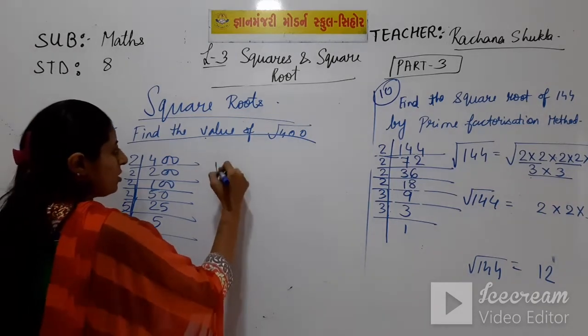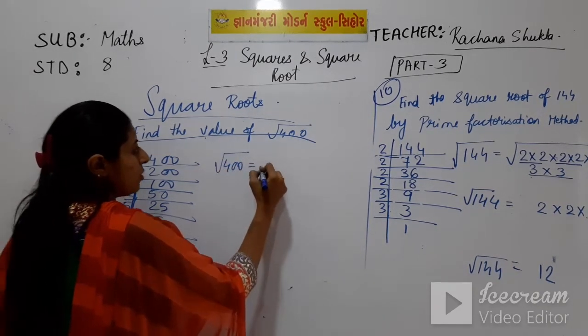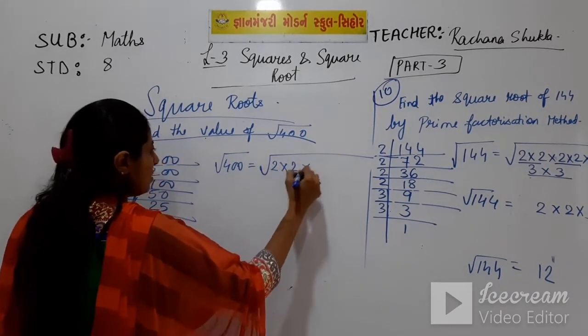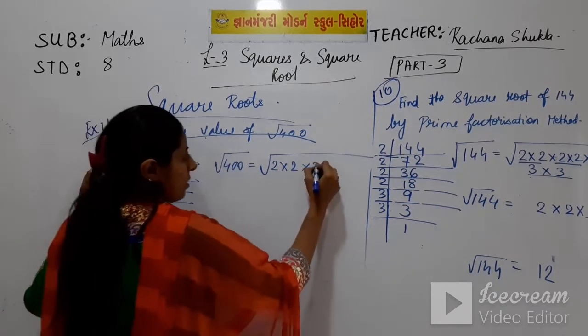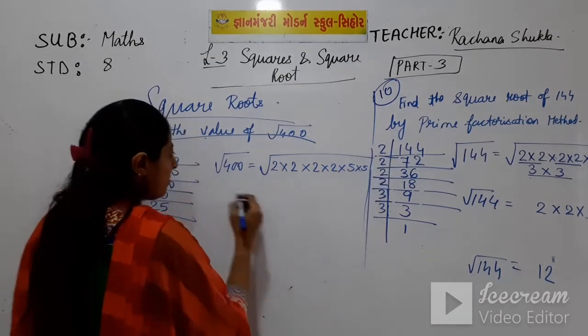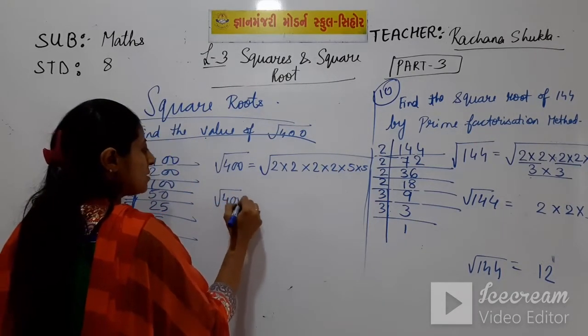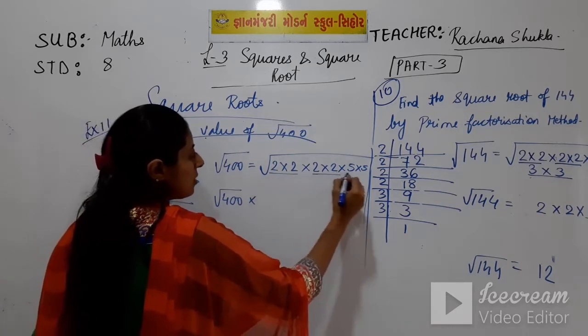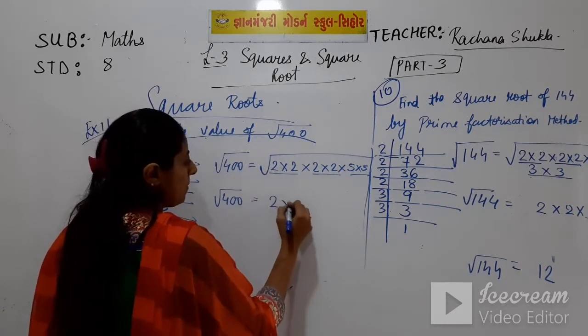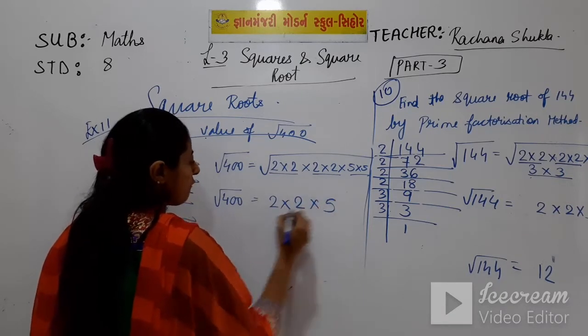Now write down here root 400 equal to root 2 into 2 into 2 into 2 into 5 into 5, and that is 2 into 2 into 5.